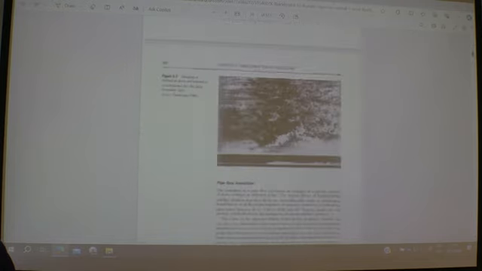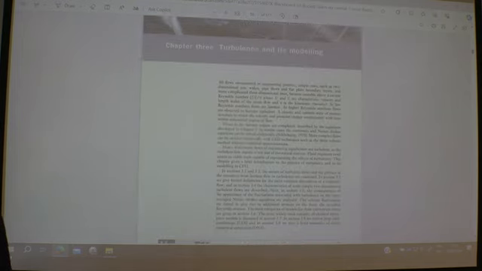Let's see, where are we? Somewhere here. And it's roughly the same that I have been talking about. So you have more information here if you want to.